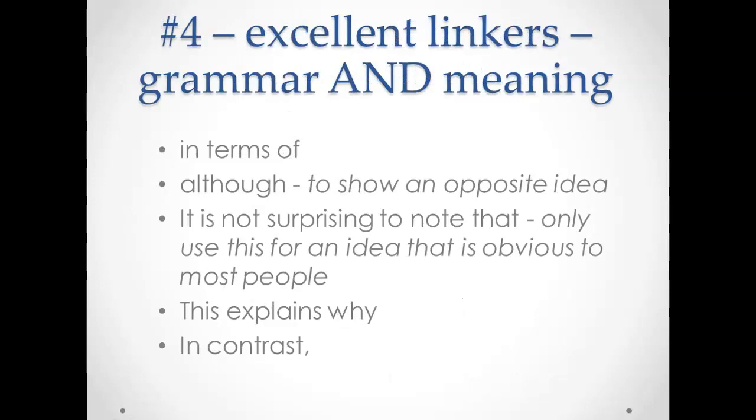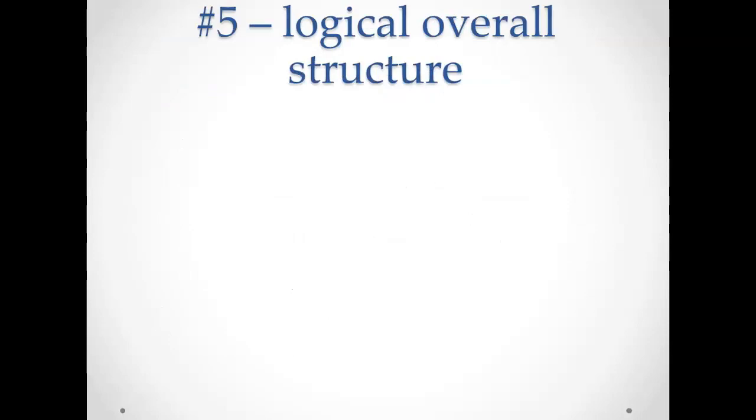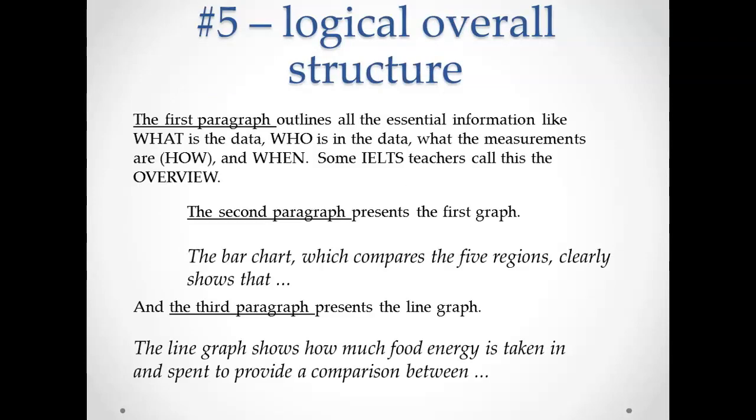And number 4 is excellent linkers. Don't just throw linkers in for the sake of it. You have to think about the grammar and the meaning. And in this text, we use in terms of, although. It is not surprising to note that. This explains why, and in contrast. Number 5 is logical overall structure.